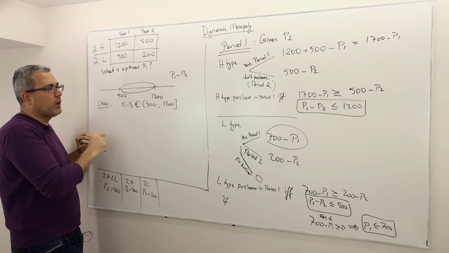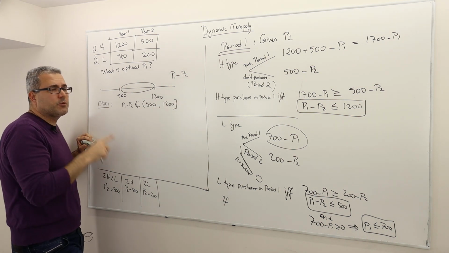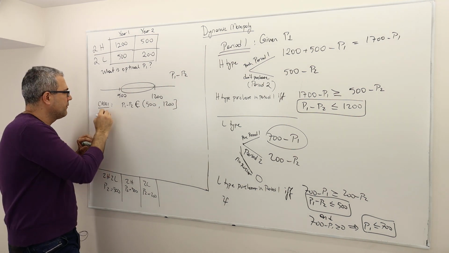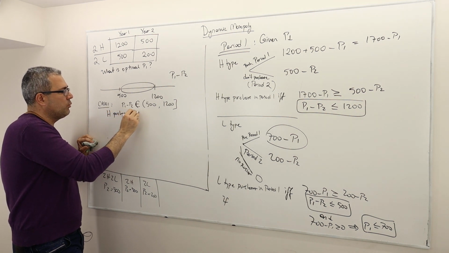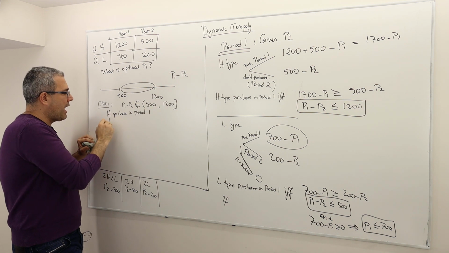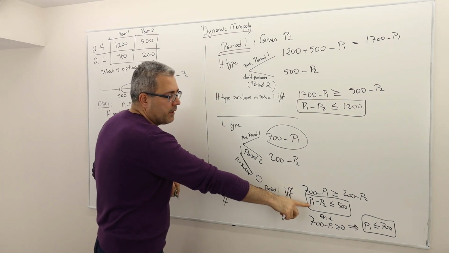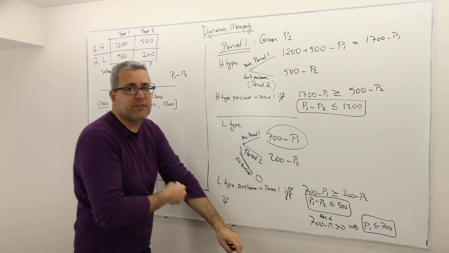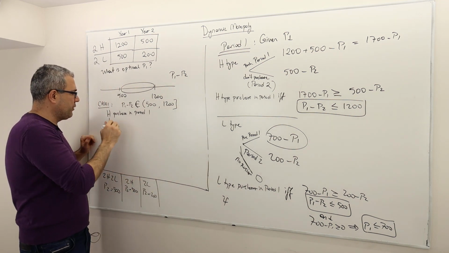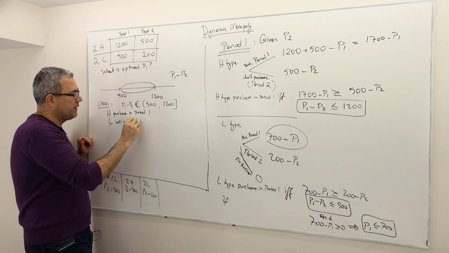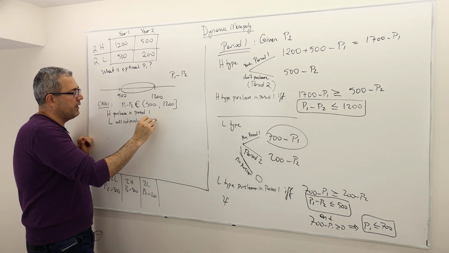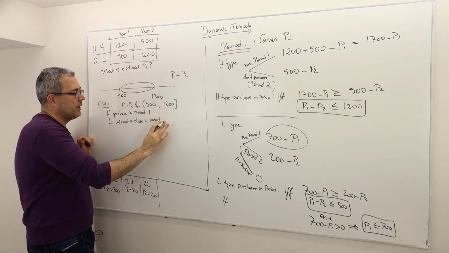In this case, what we know is that high types will purchase in period 1. High purchase in period 1. Low types, remember, because P1 minus P2 is greater than 500, will not purchase in period 1.